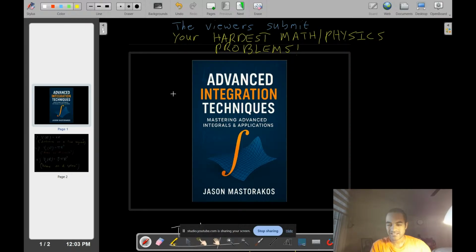Not necessarily exactly from the book, but anything to do with integration, numerical methods of integration, complex methods of integration, anything around calculus. It doesn't have to be pure integration: limits, derivatives, whatever it is, and/or some physics problems where calculus is applied into physics.